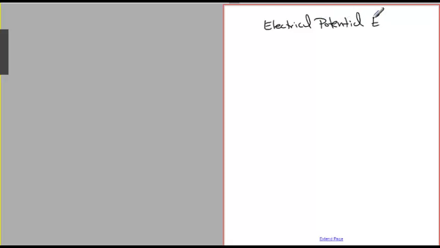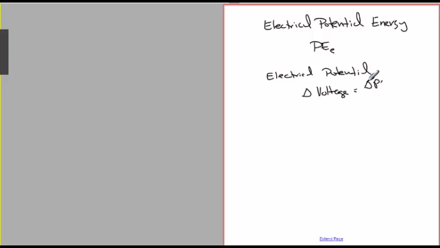So there's electrical potential energy, PE, and there's electrical potential, which is voltage. The change in voltage, delta V, is just the change in potential energy per unit charge. So you have to make sure you don't get these confused.